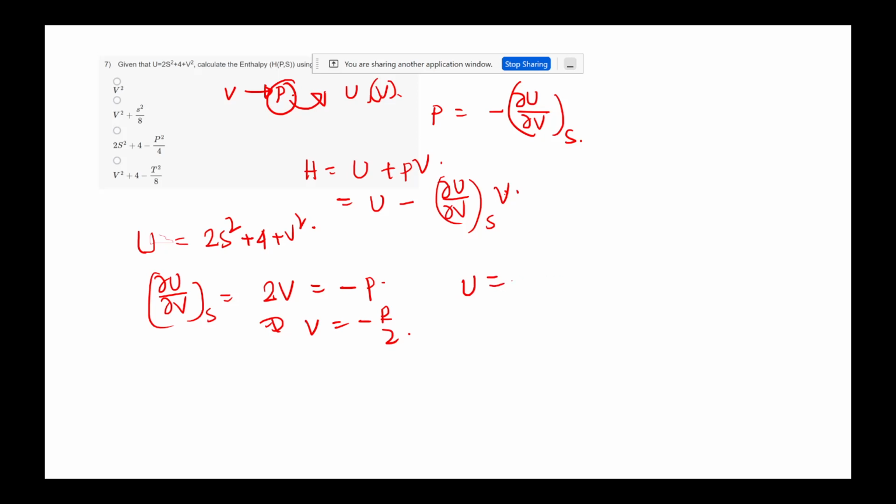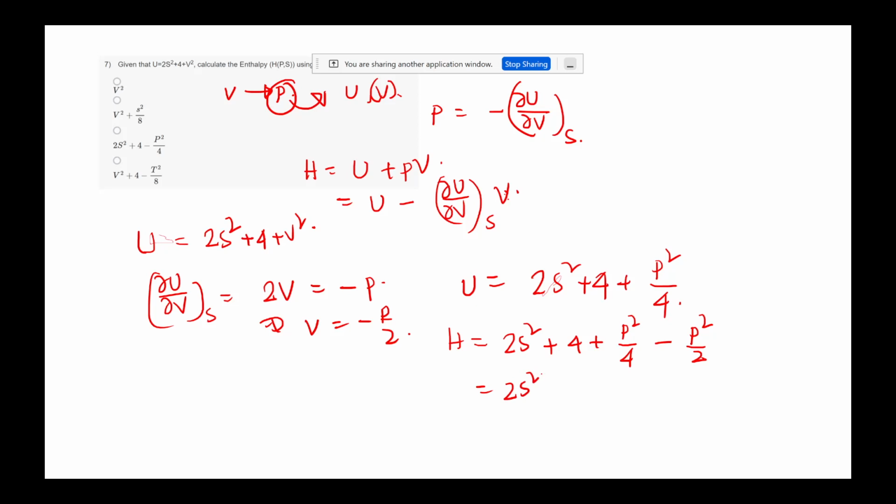Then U can be written in terms of P and S as 2S square plus 4 plus P square by 4. H will then be 2S square plus 4 plus P square by 4 plus PV. So PV with V as minus P by 2 will be minus P square by 2, so we get 2S square plus 4 minus P square by 4.